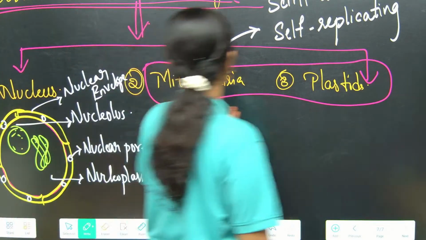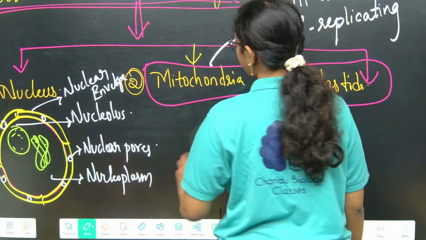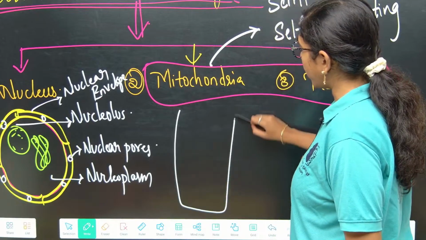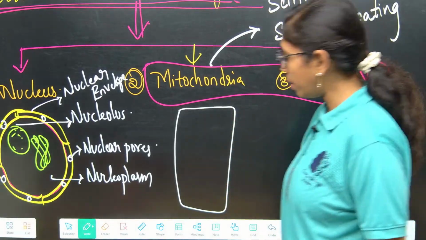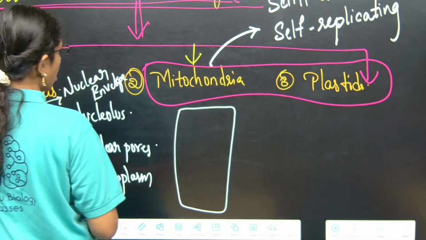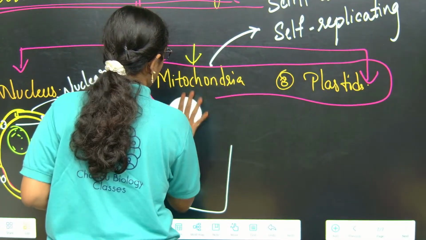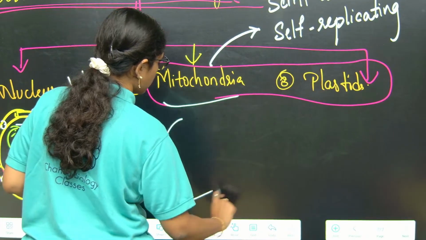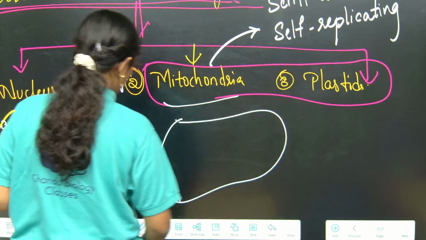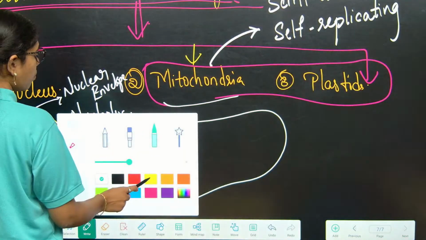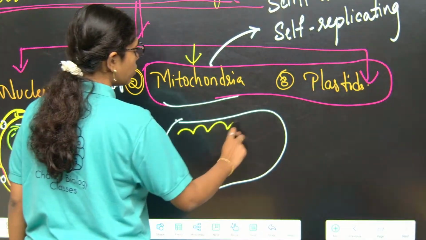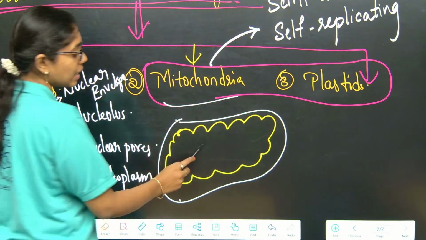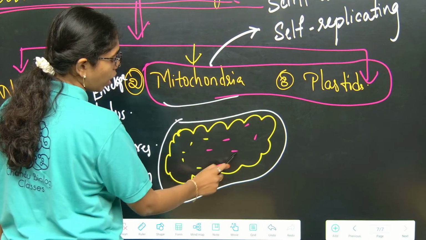And mitochondria and plastids. What is the structural description of mitochondria? Mitochondria is a double membrane bound organelle where it has an outer mitochondrial membrane. It can be sausage or cylindrical shaped like this. Fine. And the inner membrane of mitochondria has enfoldings called as what? Cristae. Fine. And inside the cristae you have what? Mitochondrial matrix.